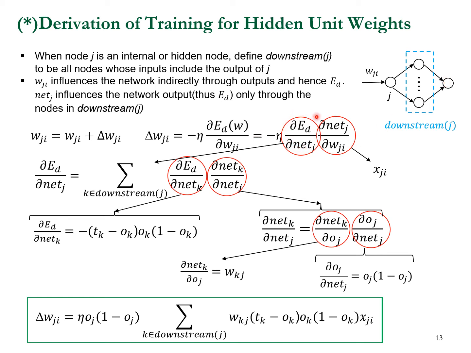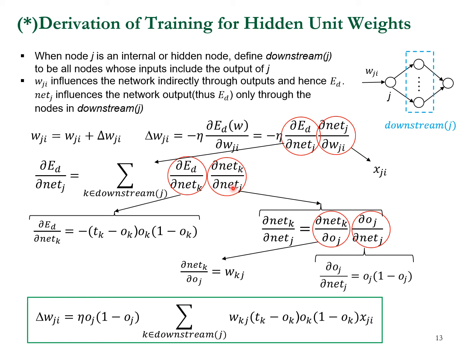So this one is decomposed as follows. The net J value influences each node downstream. J is connected to every node downstream.